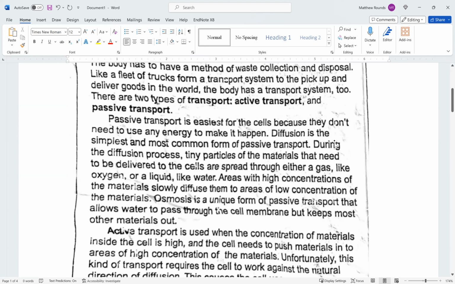During the diffusion process, tiny particles of the materials that need to be delivered to the cells are spread through either a gas like oxygen or a liquid like water.